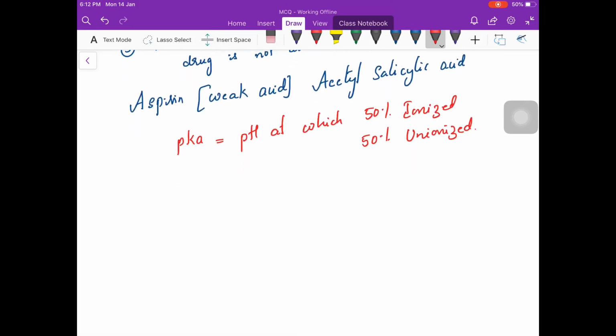Now why should I know this? When I know the pH, if it's acidic pH, then I can tell that an acidic drug can cross. If it is basic pH, basic drugs can cross. But why do I need a pKa value? Let me explain. Aspirin pKa is 3.5.